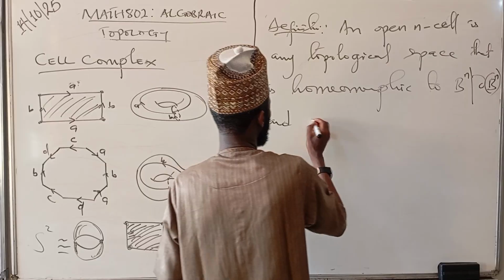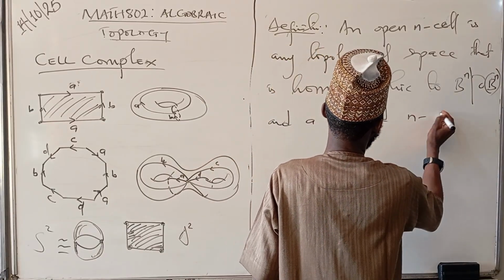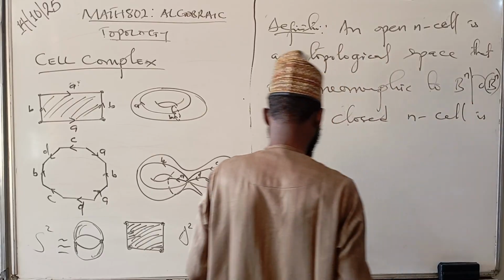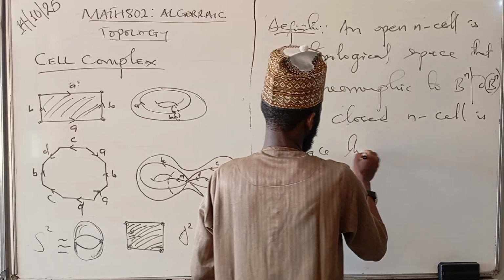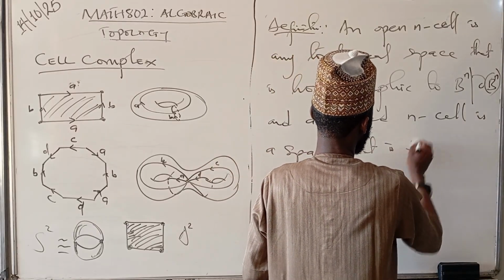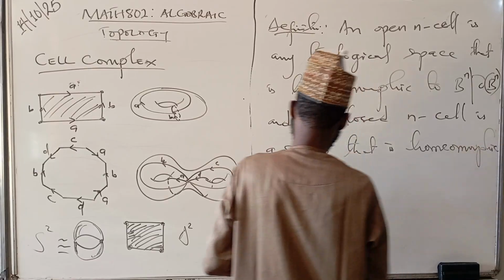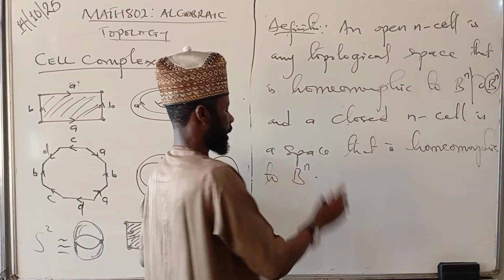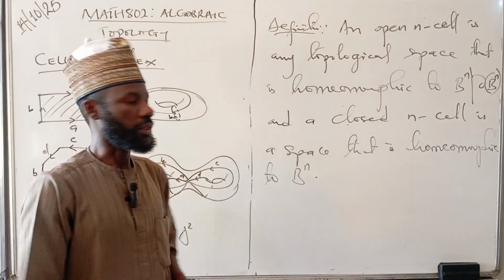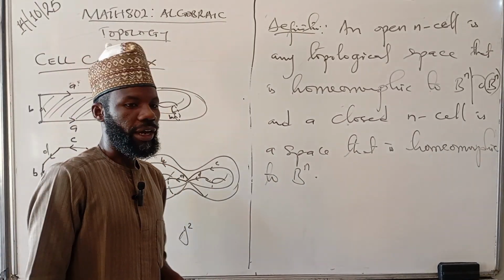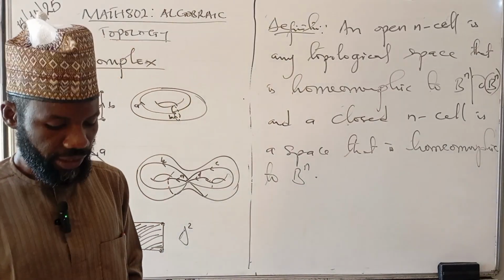And a closed n cell is a topological space that is homeomorphic to, this time around, an n ball. So any space homeomorphic to an n ball is a closed n cell. Okay? Sometimes we just say an n cell.